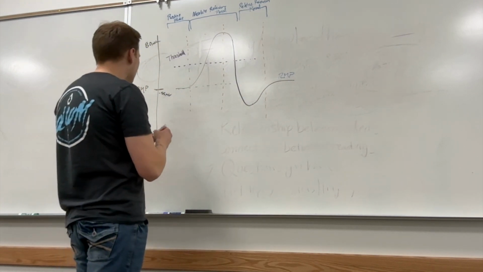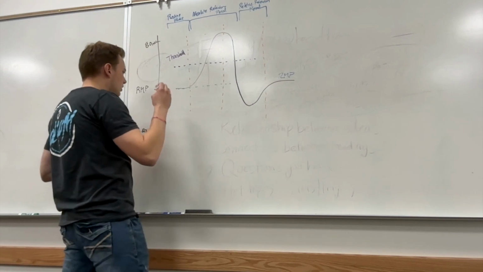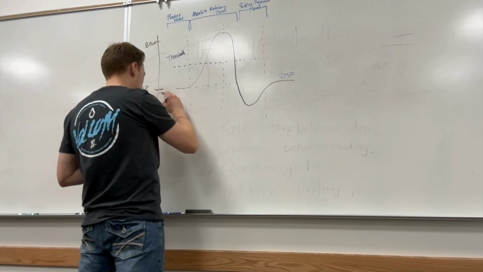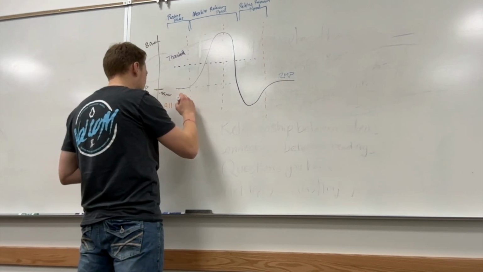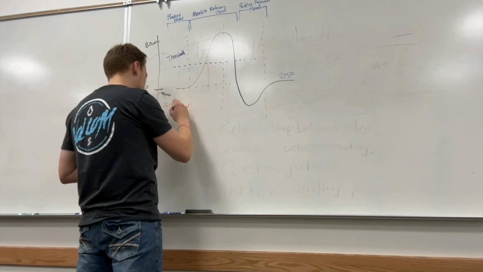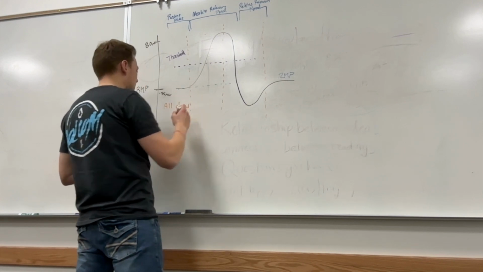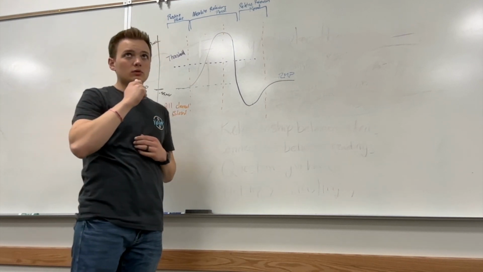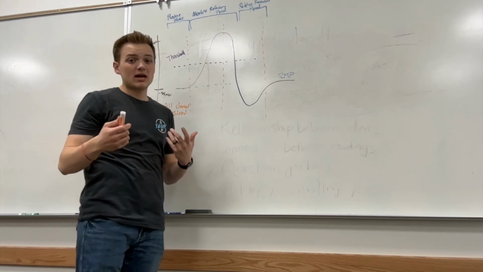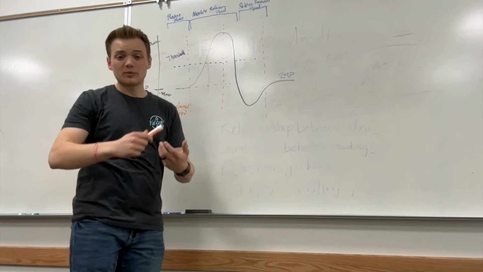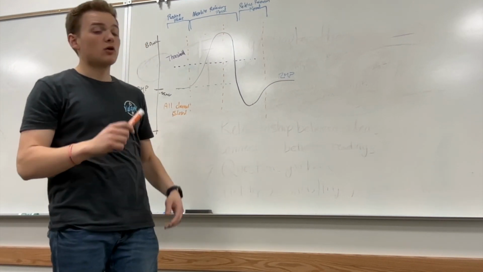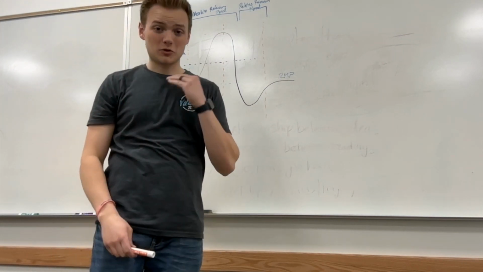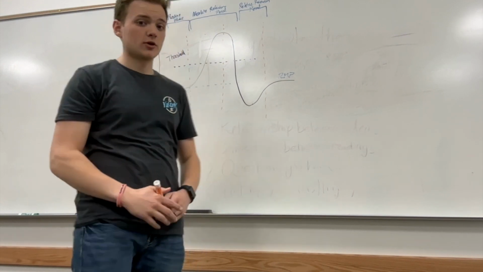In the resting phase, all of our channels are closed, meaning we don't have any ion channels that are open. Well, I shouldn't say any. We technically have our potassium leak channels open, which is helping us establish this membrane, but all voltage-gated ion channels are closed. No stimulus has occurred.